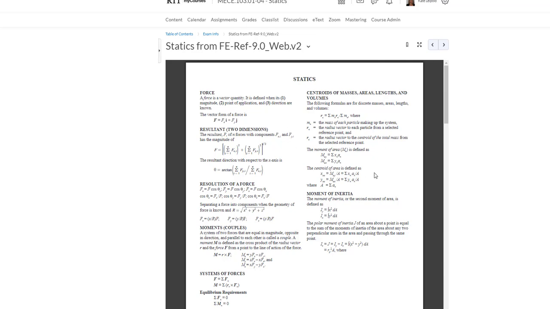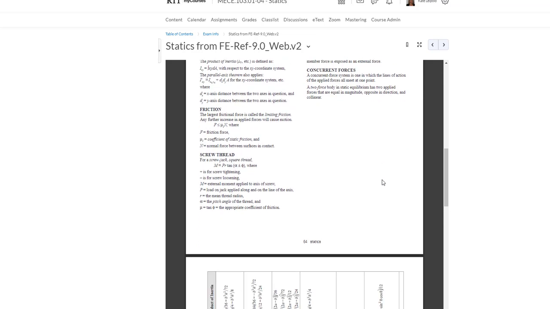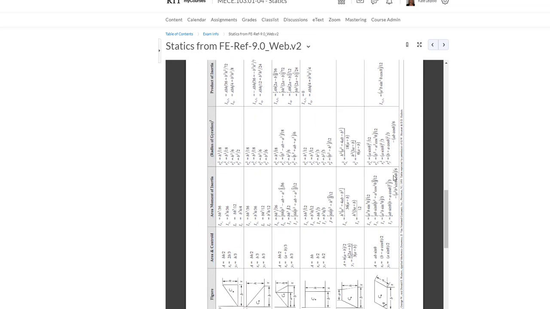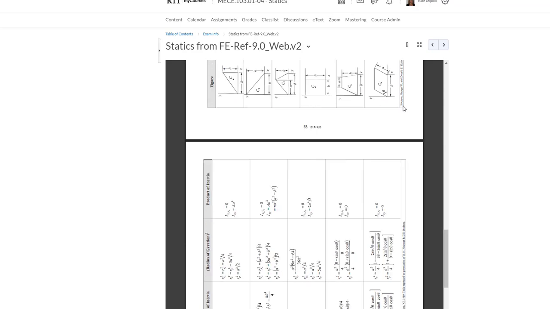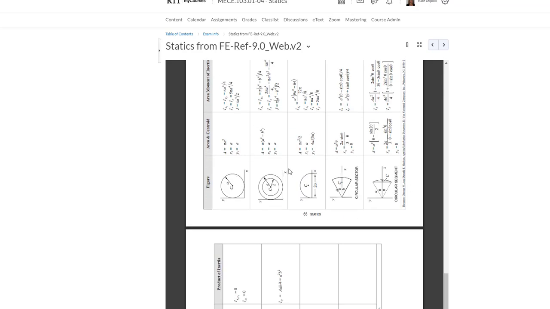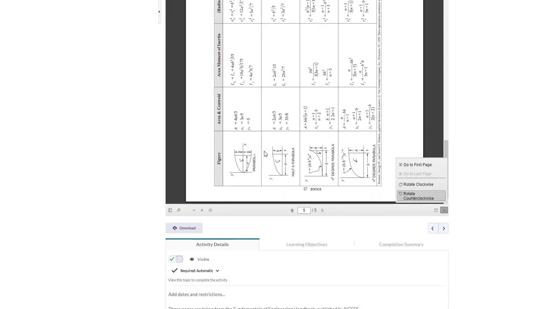It's got a great set of equations, very concise, pretty much covers everything we need for statics. And down here we've got a really good set of shapes, areas and centroids, moments of inertia, which we'll get to next week. We got some circles and arcs, and we also have some parabolas.